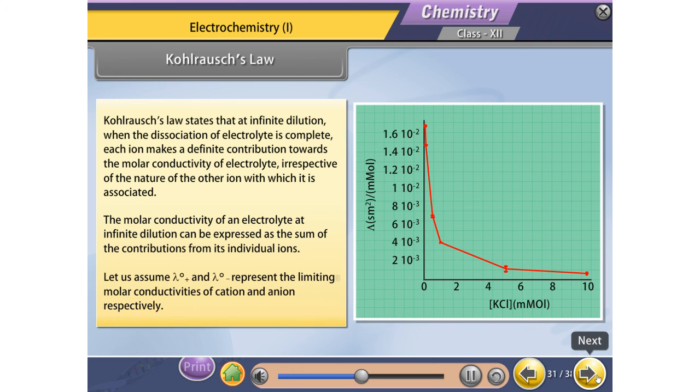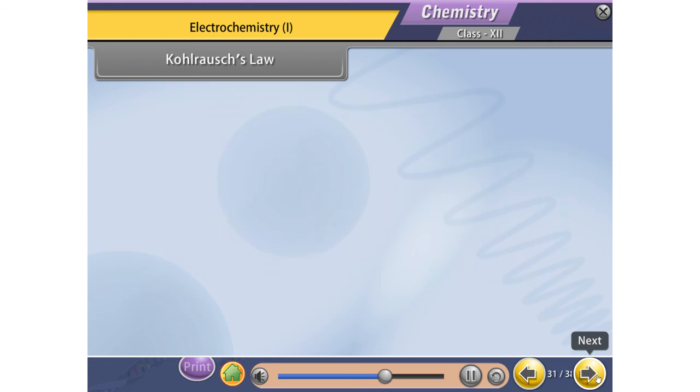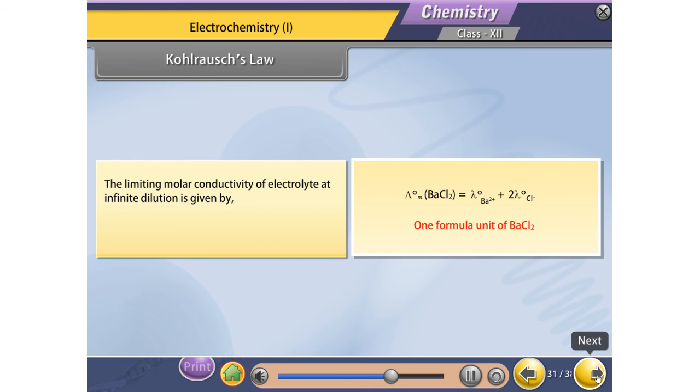Let λ°+ and λ°- represent the limiting molar conductivities of cation and anion respectively. The limiting molar conductivity of the electrolyte at infinite dilution is given by ν+λ°+ plus ν-λ°-, where ν+ and ν- represent the number of positive and negative ions furnished by each formula unit.